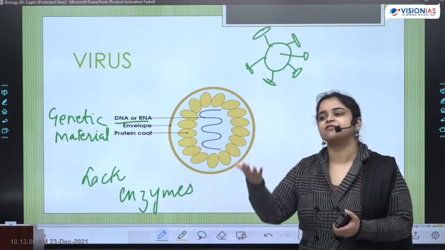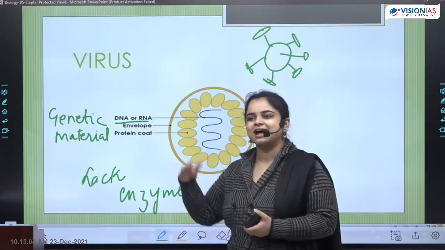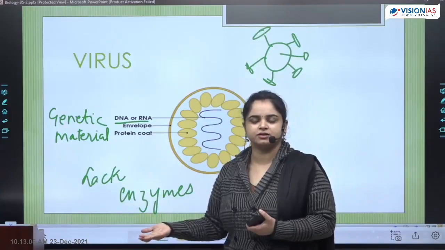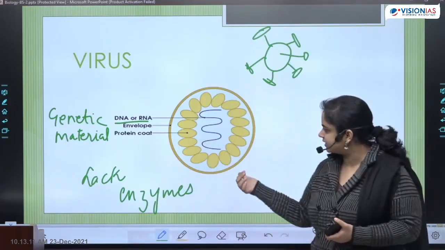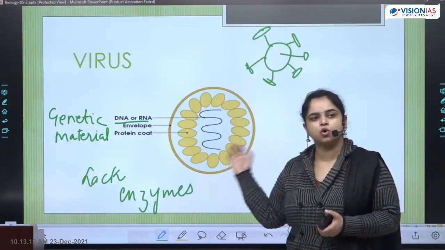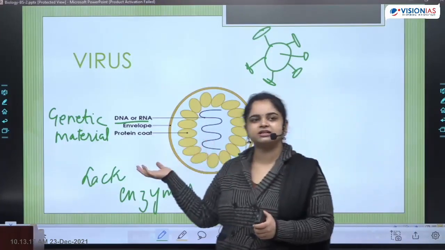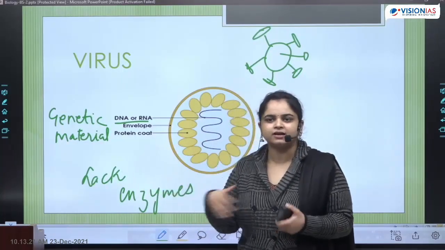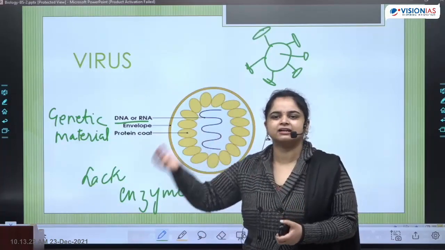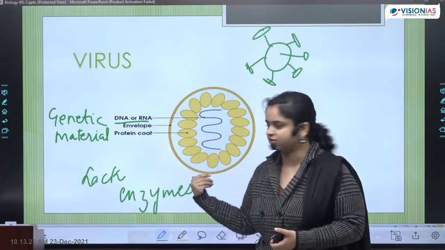It's not a perfect copy, and that error will lead to change in the organism, because ultimately it is your genetic material which is controlling all your features. And if the genetic material itself changes, then the characters will change. That's how the virus is changing.